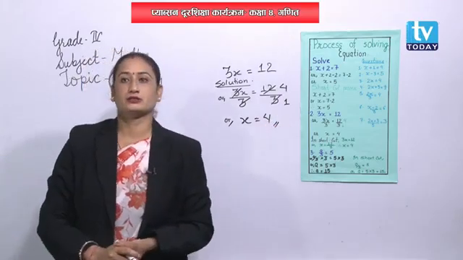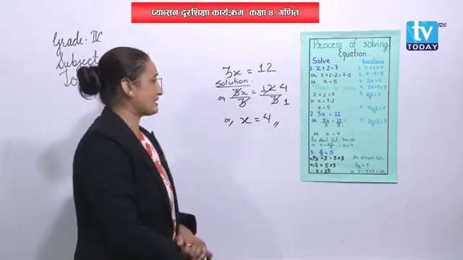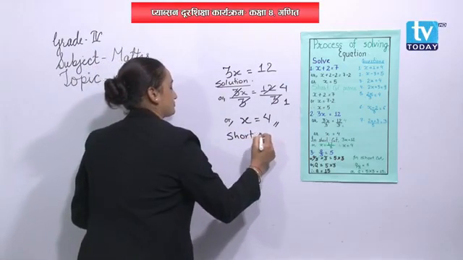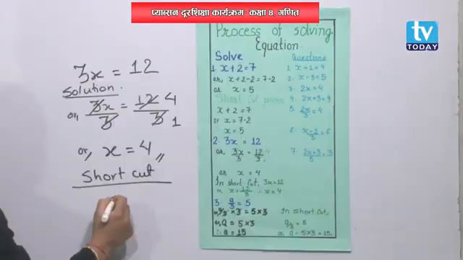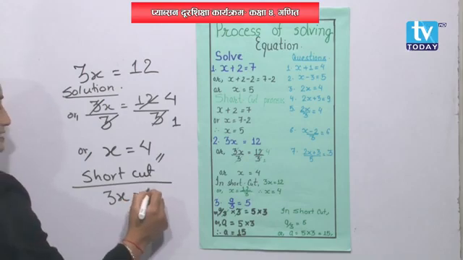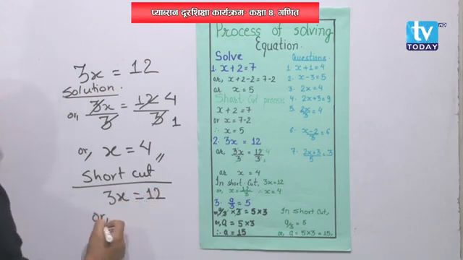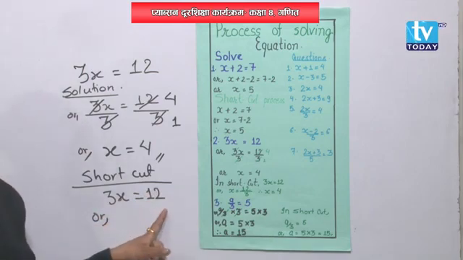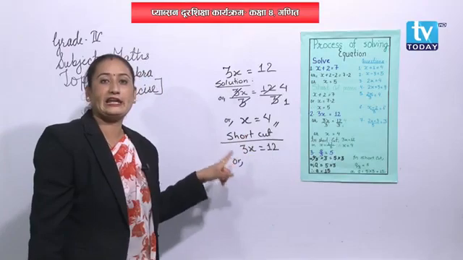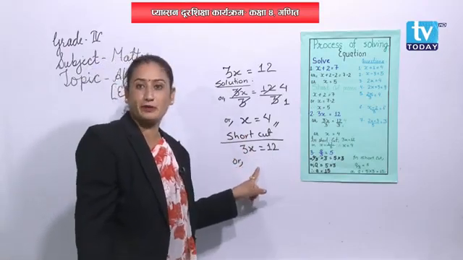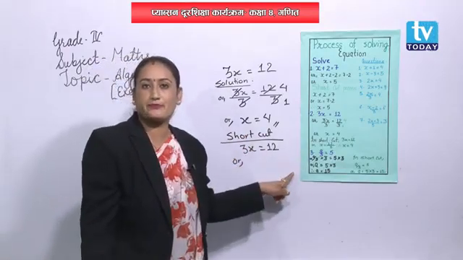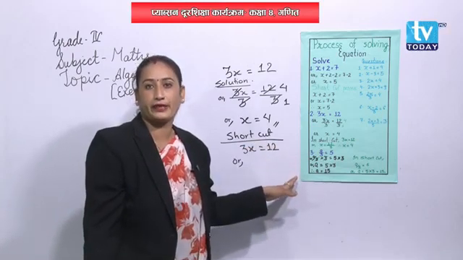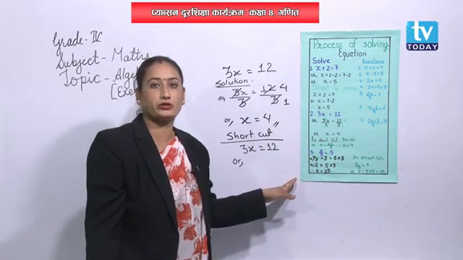Okay, while writing in the shortcut, how to write it? Shortcut process. In shortcut, when the question is 3x equals to 12, then you can write it. This 3 will go in the divide form over here in right hand side. Okay, when in left hand side, the number in the multiple form goes to the back side in right hand side, it is converted into the divide form. So you have to remember this thing, okay?